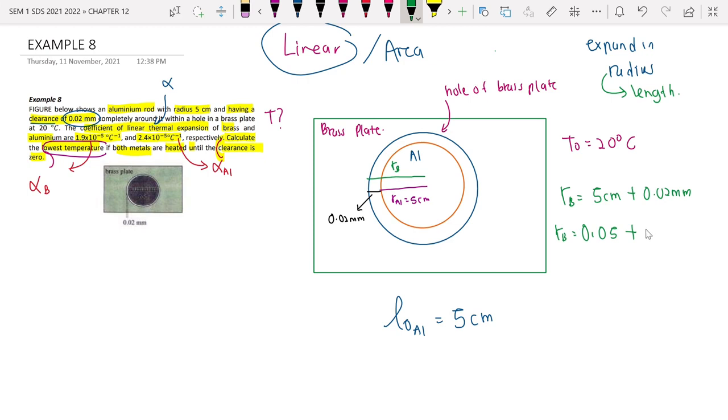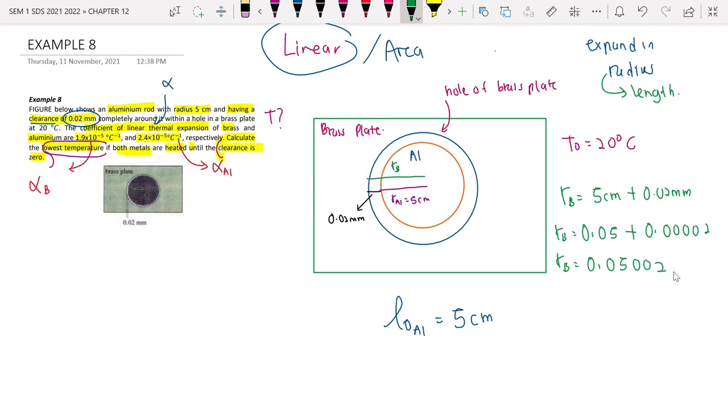Millimeter tukar ke meter, awak akan dapat 0.00002. So, therefore, awak punya radius of hole of the brass plate is 0.05002 meter.